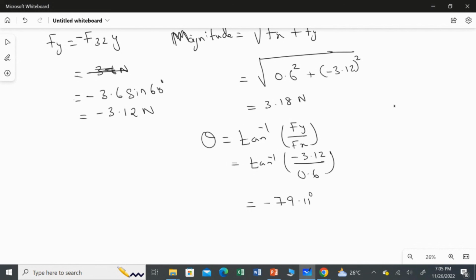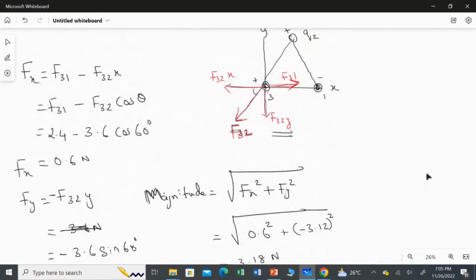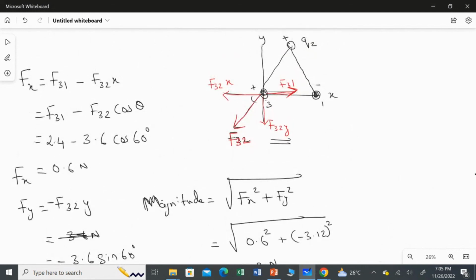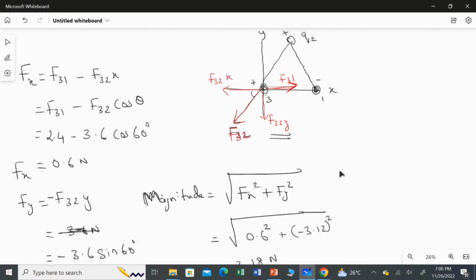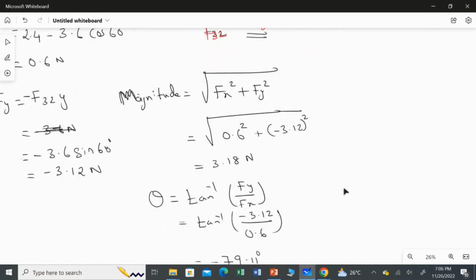degrees, right? So now we have to tell which quadrant. If you see this diagram, this minus will come here. Am I right? Because if you see, all these three charges are sitting here, and we got negative of 79. It's not positive, it's negative. So it exactly lies in the fourth quadrant. If you want to give the answer in terms of 360, it's simple.